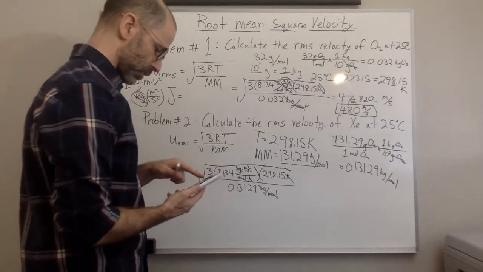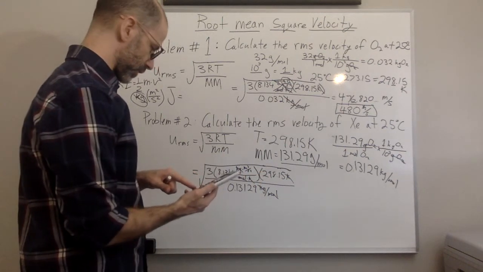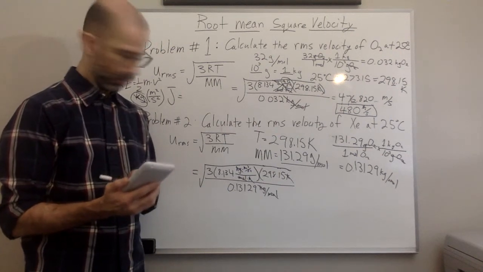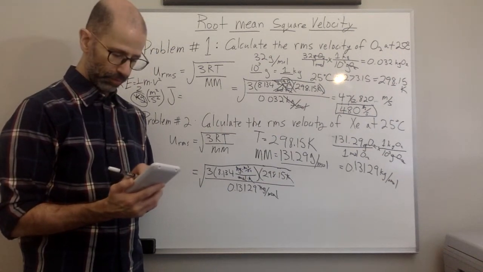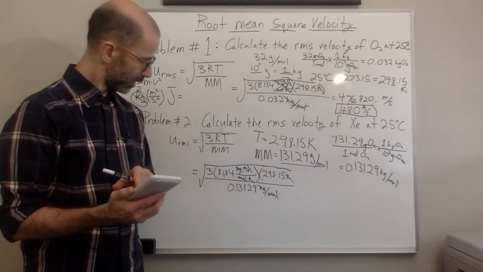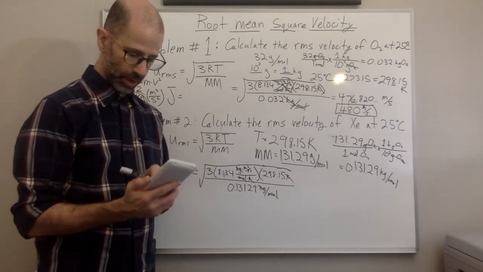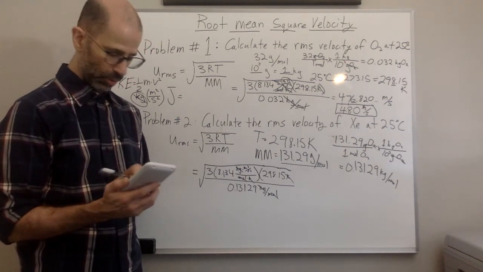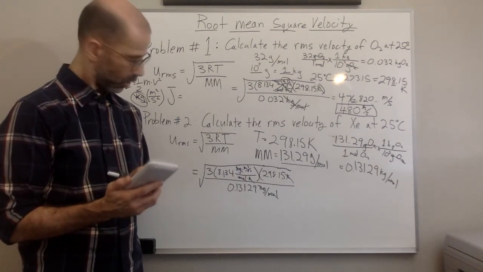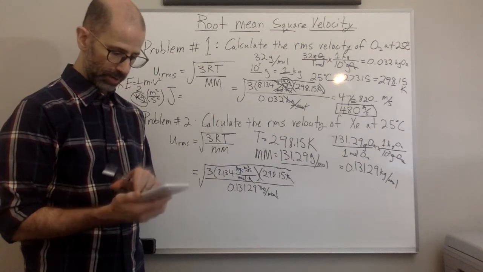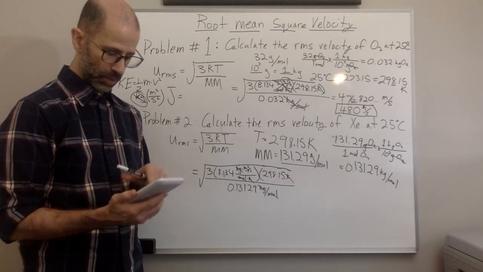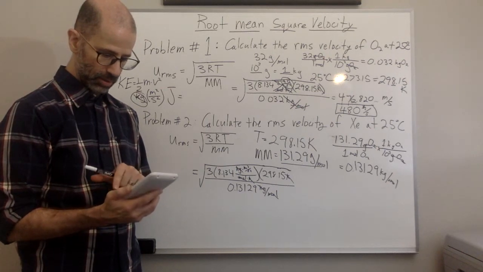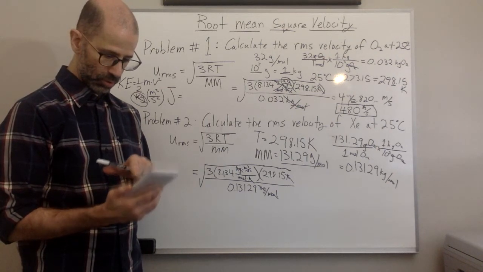So if we do our calculation again, we're going to get 3 times 8.314 times 298.15 divided by 0.13129 equals, and then we're going to take the square root of that.